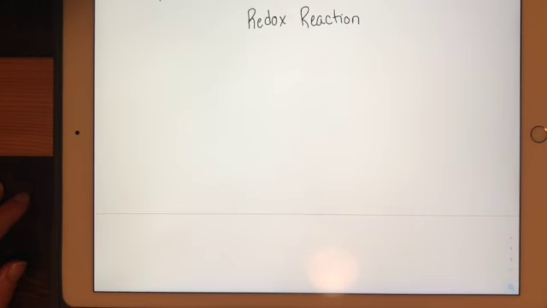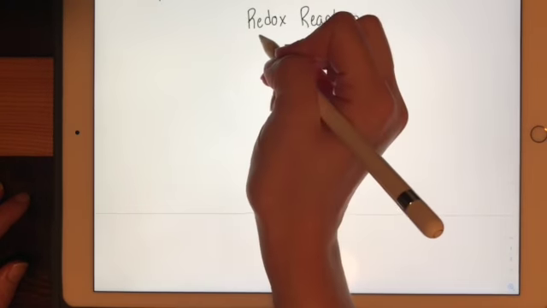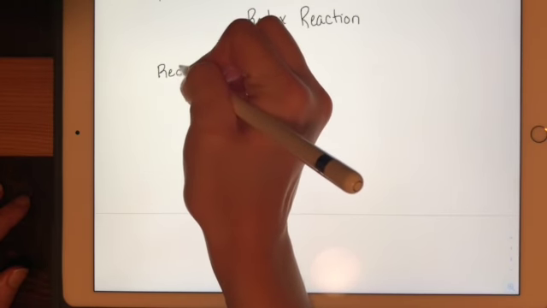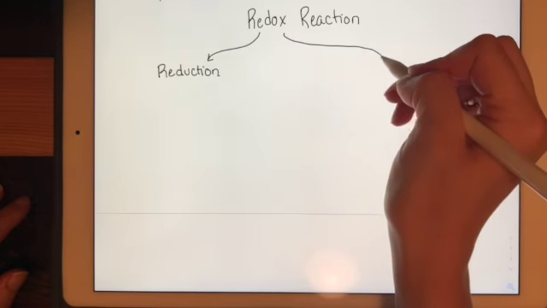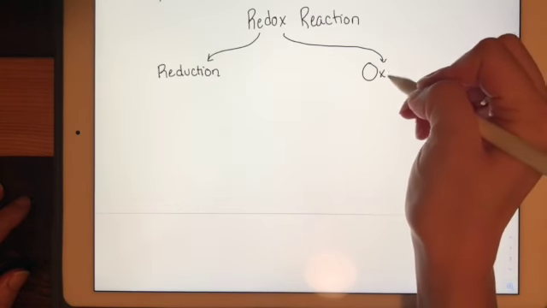So every redox reaction is going to have two parts: reduction and oxidation.